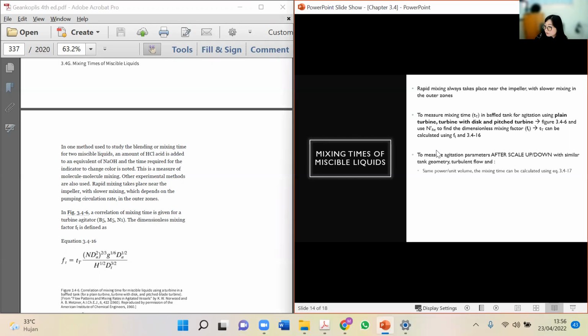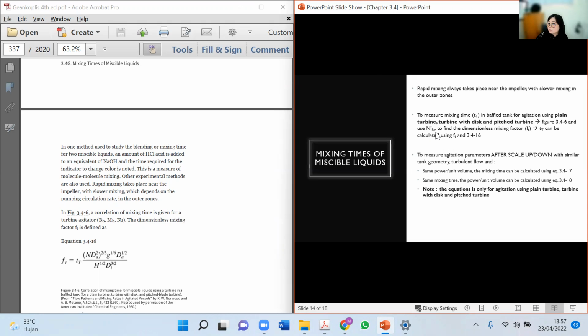The second point: to measure the mixing time, which I call tT, in a baffled tank for agitation using a plain turbine, turbine with disc, or pitched turbine, so basically all types of turbine agitator, we can use figure 3.4-6 and NRe.